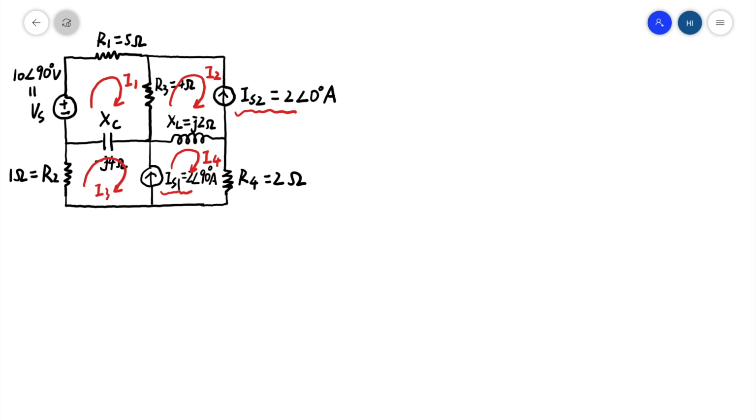In mesh 1, we could use KVL to list an equation. KVL for mesh 1. There are four elements in total: one voltage source, R1, R3, and XC, a capacitor.